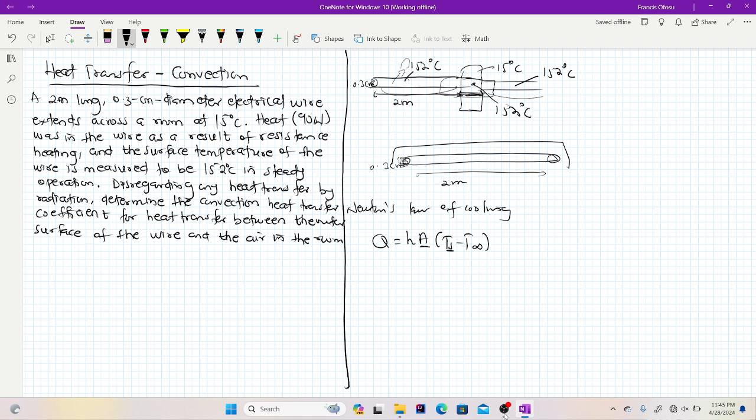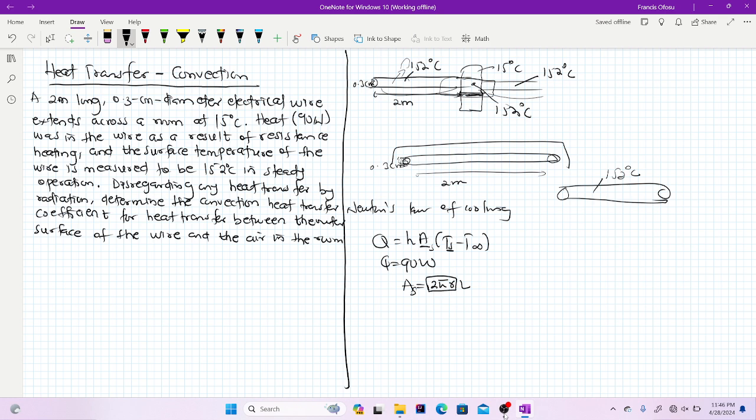Here we've been given Q to be 90 watts. Now we have to find the area, which is the area of the surface. This is a cylindrical wire, and the surface is at 152 degrees Celsius. So we find the surface area, As, which is 2 pi r L, since the curved surface area is 2 pi r and it has a length.